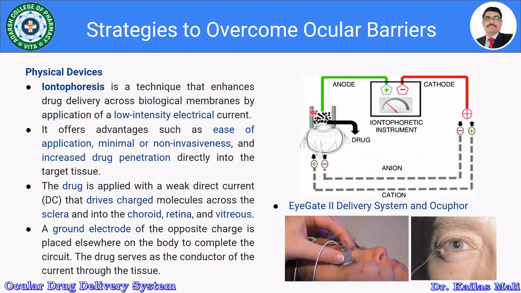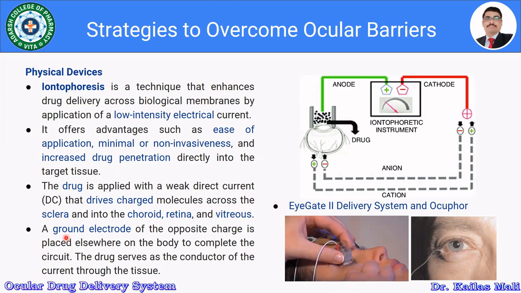Iontophoresis offers advantages such as ease of application, minimal or non-invasiveness, and increased drug penetration directly into the target tissue. The drug is applied with a weak direct current that drives charged molecules across the sclera, choroid, retina, and vitreous.